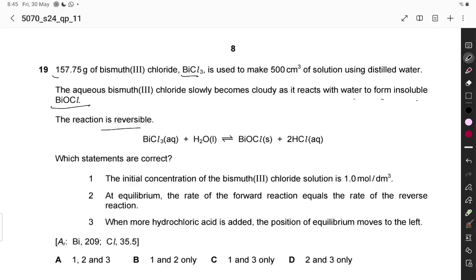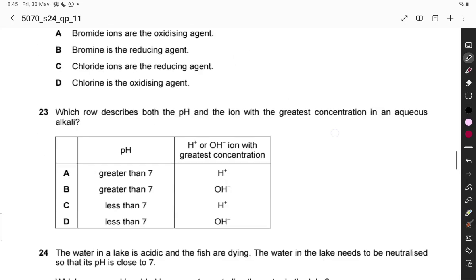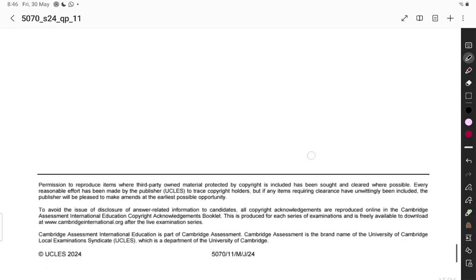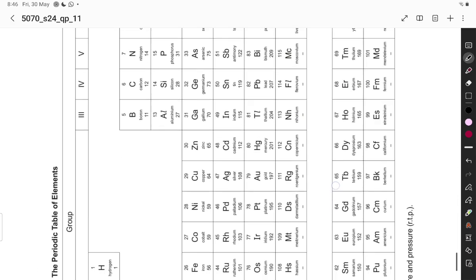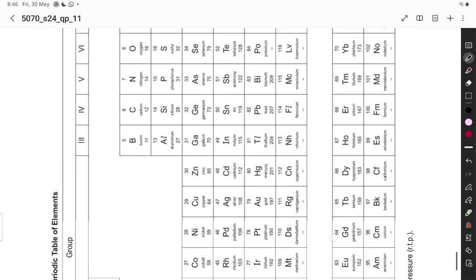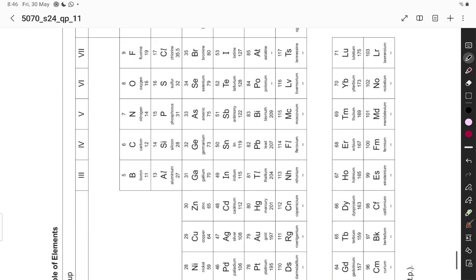So BiCl3. The mass of bismuth is 209. The AR of chlorine is 35.5.